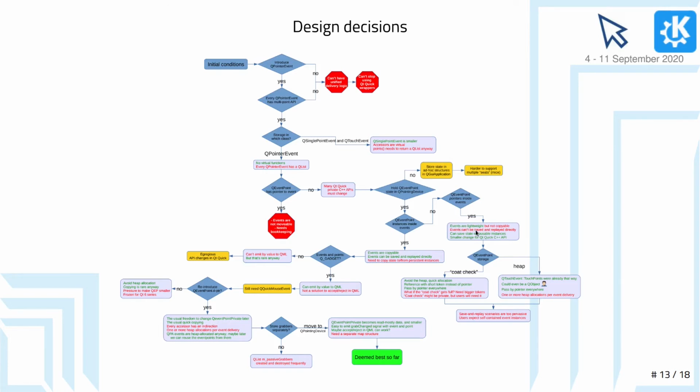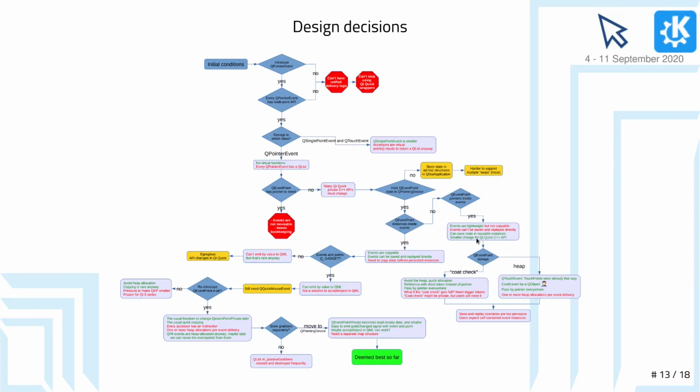Events couldn't be saved and replayed directly because notice when we went through the sequence, every time a new event comes in, the active point state gets updated right away. And so if you're trying to replay an event, but the event that you're going to replay points to a point that has since been updated, then you've lost the state that you were going to replay. So that was basically the Achilles heel. That was why I can't use pointers for storage.